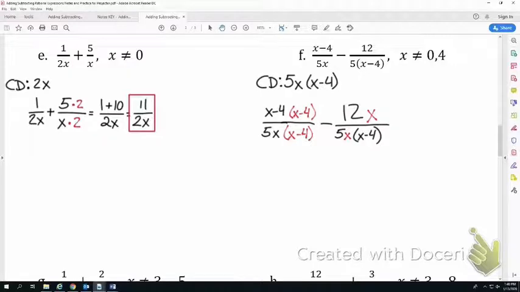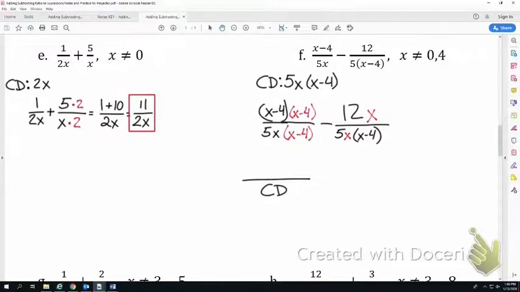So we have identified the common denominator, we've applied the common denominator, and now I'm going to bring it all together. It is going to be over the common denominator. That's the shorthand, that's all that means. I don't want to have to rewrite 5x times x minus 4 six more times, so I'm just going to write common denominator. So I've got x minus 4 times x minus 4.